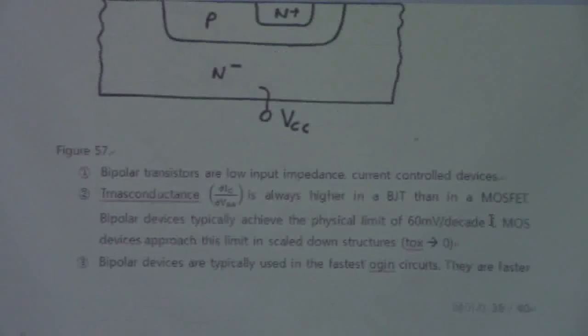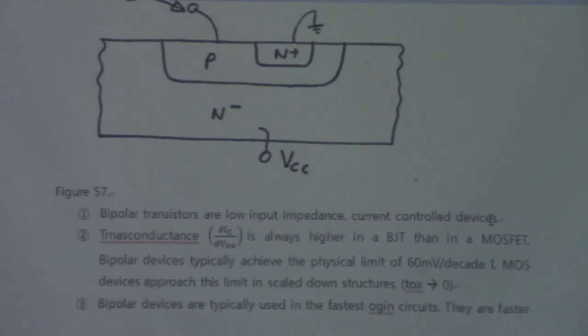Well, the summary. Bipolar transistors are low input impedance, current controlled devices. Okay? And MOS transistors are basically capacitors, vertical capacitors. But bipolar transistors work with electrons and holes at the same time, and are current devices. Transconductance is always higher in the bipolar than the MOSFET.